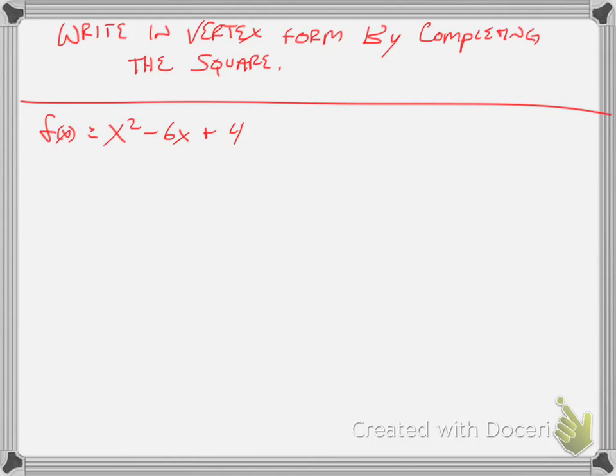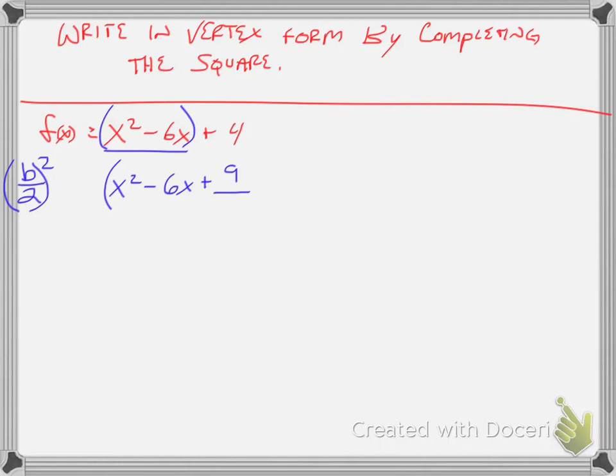Here I'm giving it in standard form, and I need to write it in vertex form. So I'm going to group the first two, and I'm doing this by completing the square. I'm going to make this into a perfect square trinomial. What I'm trying to figure out is what constant I can add to make it a perfect square trinomial. To do that, I take the b, divide it by 2, and square it. So 6 divided by 2 is 3, squared becomes 9.